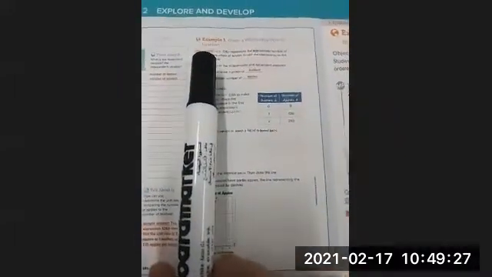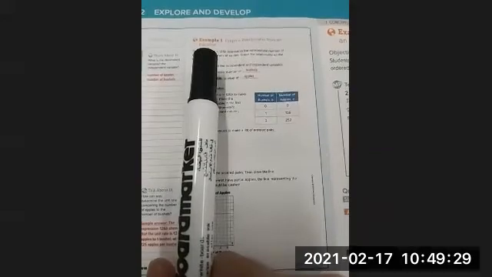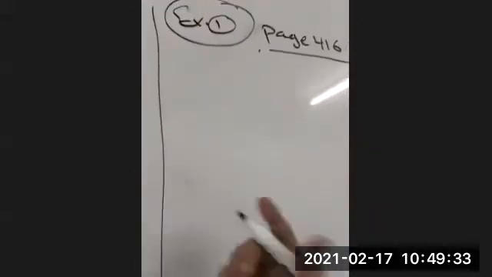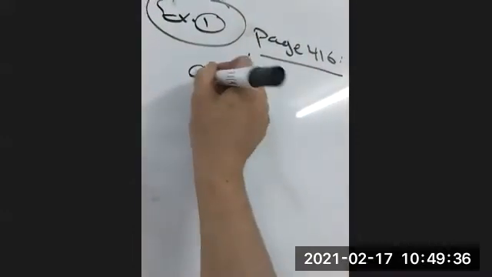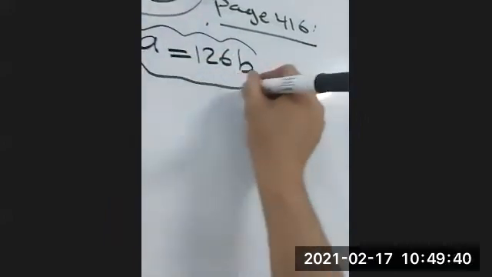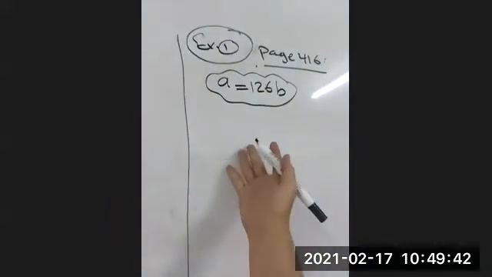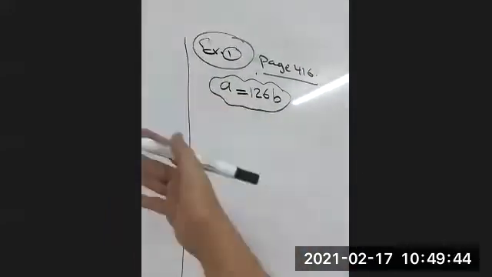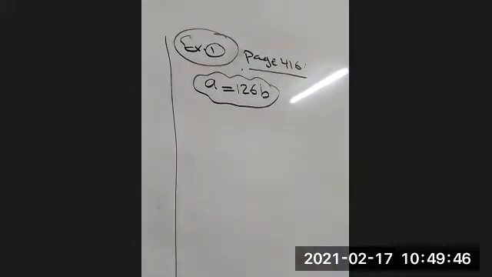The equation A equals 126b represents the... The question said the equation A = 126b. This equation, guys, we call it the formula of the question or the table which are given later.